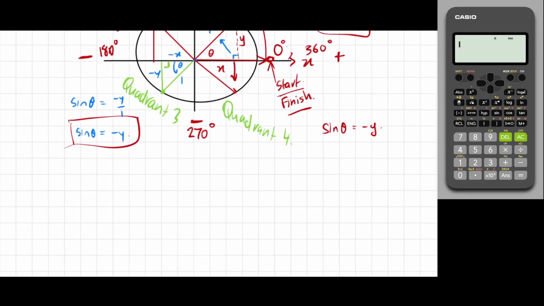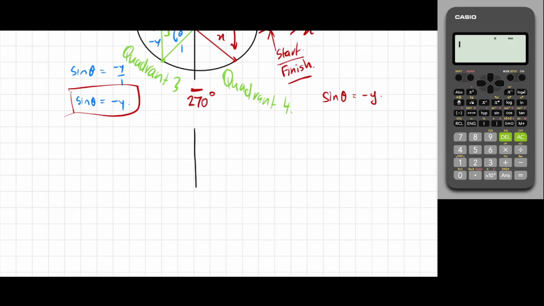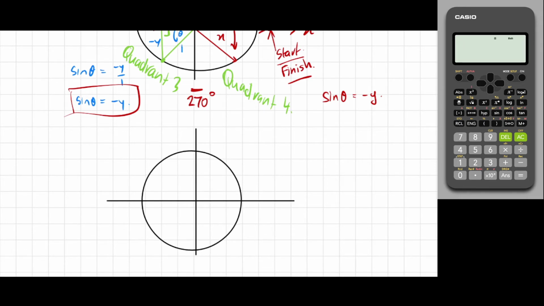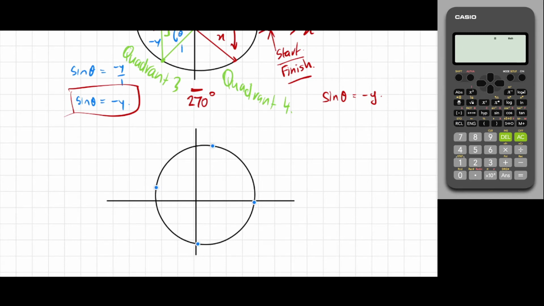And I'm going to show you a quick little rule that my Year 10 class 2 years ago came up with. It's very similar to the one that a lot of teachers use, but ours is just local to the area.